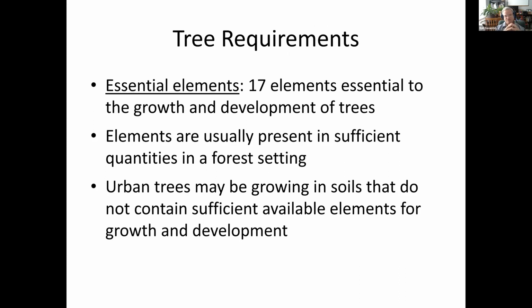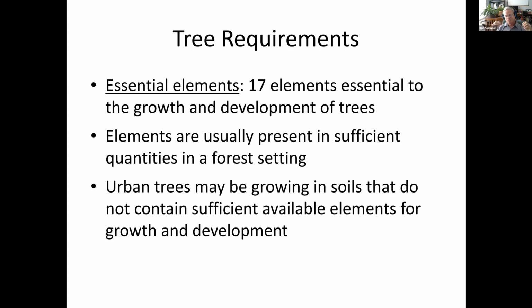So we've identified about 17 essential elements, and these are necessary for the tree to grow, develop, and defend itself and reproduce, things like that. So what are these elements? Elements, they're usually there in sufficient quantities in the soil or in the atmosphere in a natural forest setting.